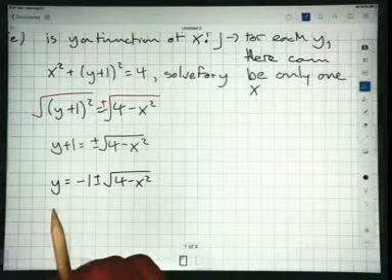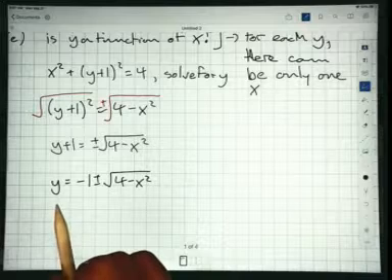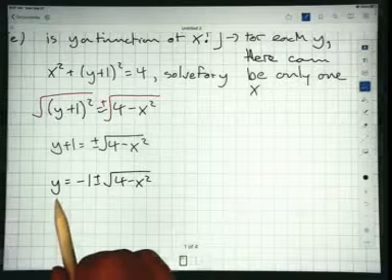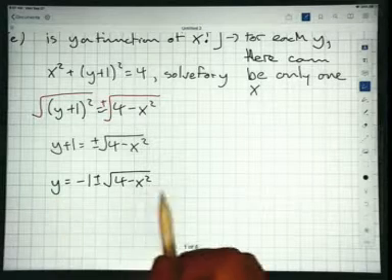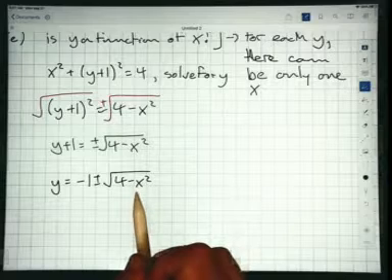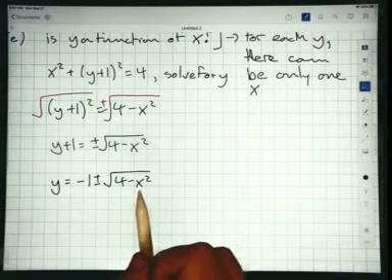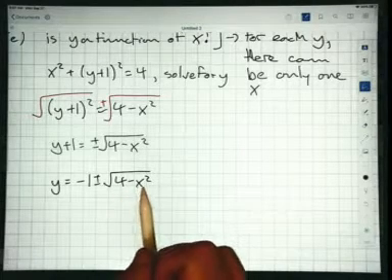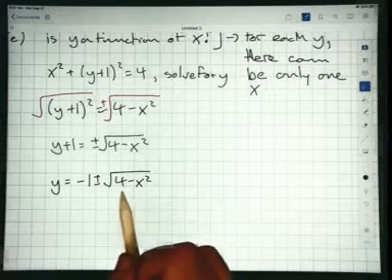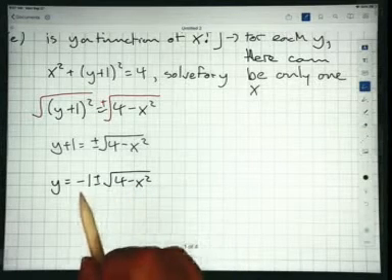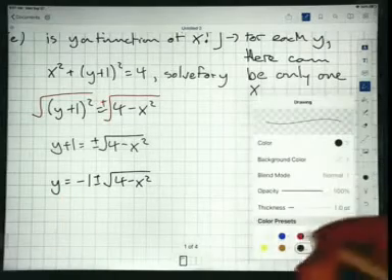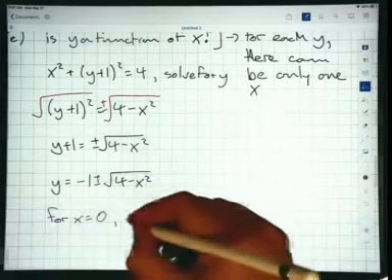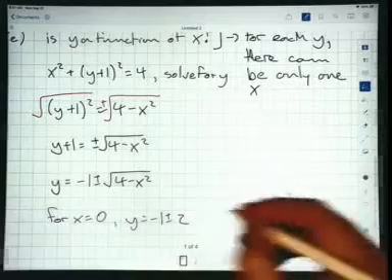And look what happens. If you plug in a value of x, let's plug in 0, because that makes it really easy. 0 squared is 0. 4 minus 0 is 4. Square root of 4 is 2. And then for x equal to 0, we get y is equal to negative 1 plus or minus 2.